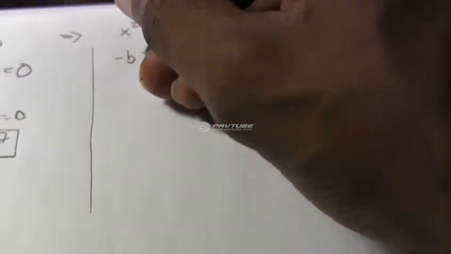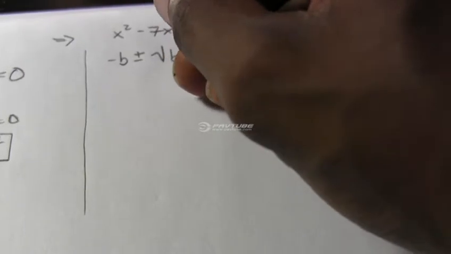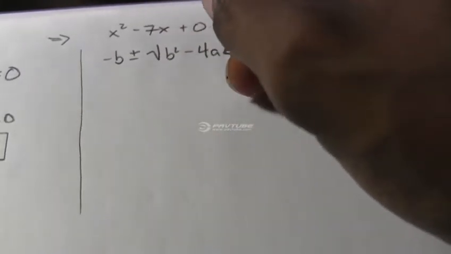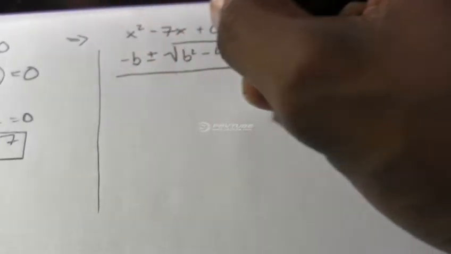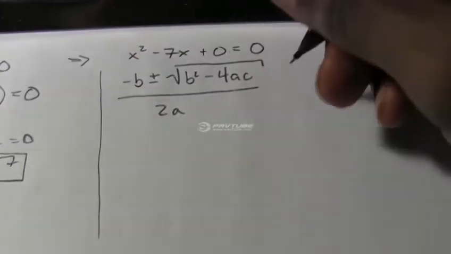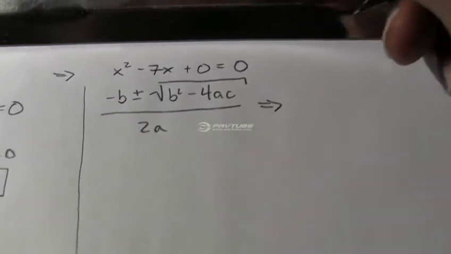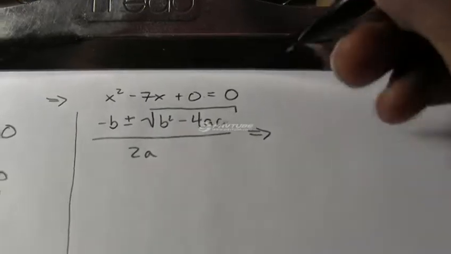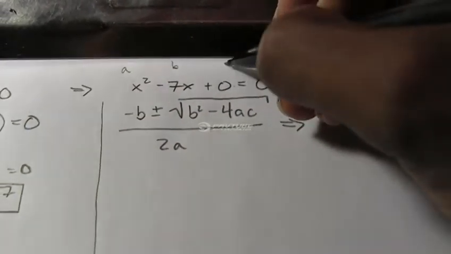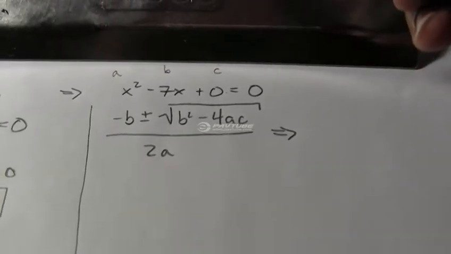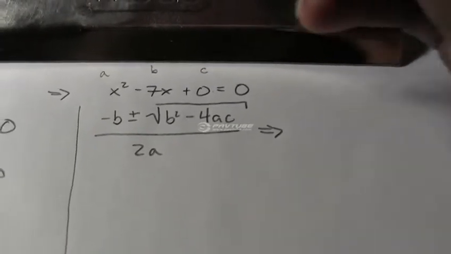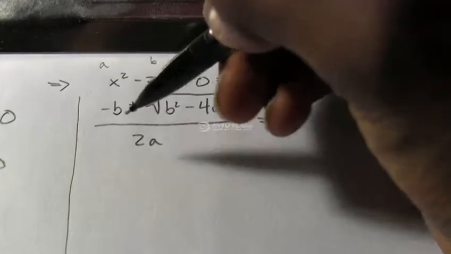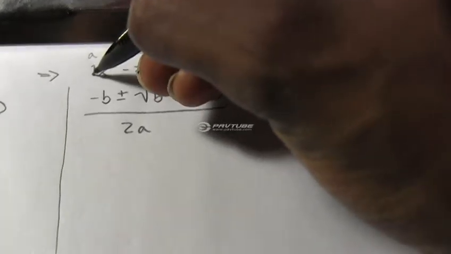So we'll just go here. Negative b plus or minus the square root of b squared minus 4ac, over 2a. We're going to do the same thing. Remember, a, b, and c. So what's our a? You may not see it, it's not there, but it's an invisible 1.